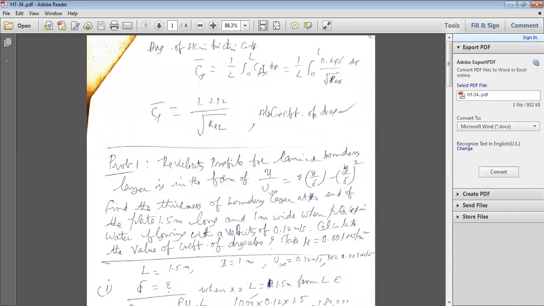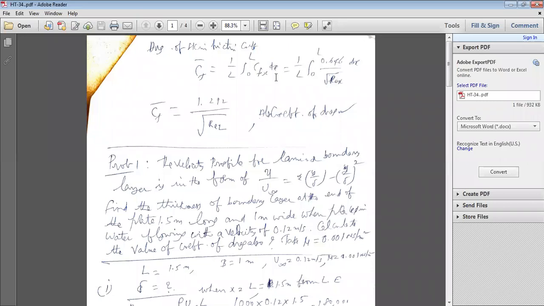So local friction coefficient or local skin friction coefficient at any given value of X can be calculated. Local skin friction coefficient can be calculated by using the formula 0.646 divided by square root of Rex.